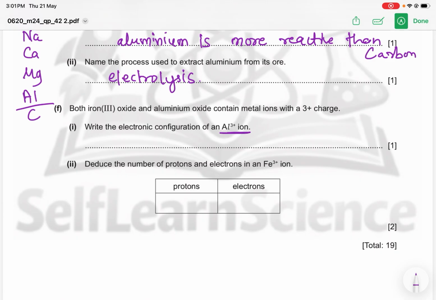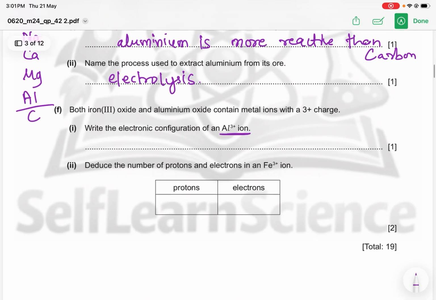You can see that here aluminium is having a 3 plus charge. Aluminium atomic number is 13. Now it is having a positive charge of 3 plus, meaning 3 electrons are being donated. So how many are remaining? Only 10 are remaining. So the electronic configuration will become 2, 8.